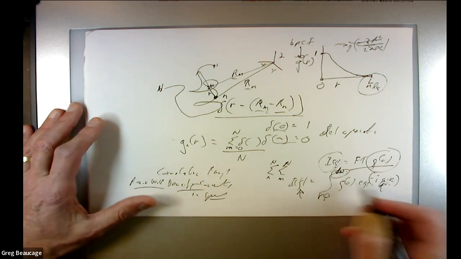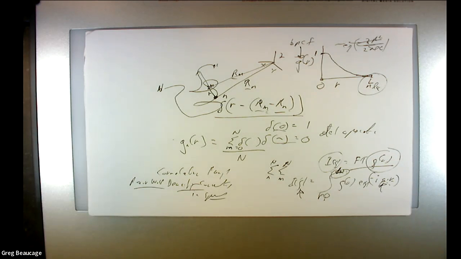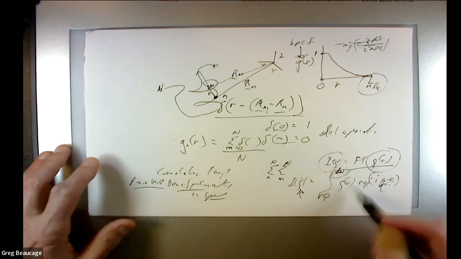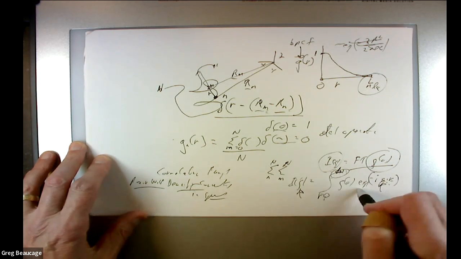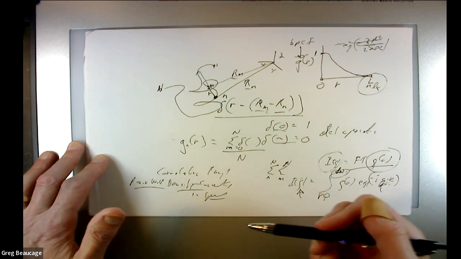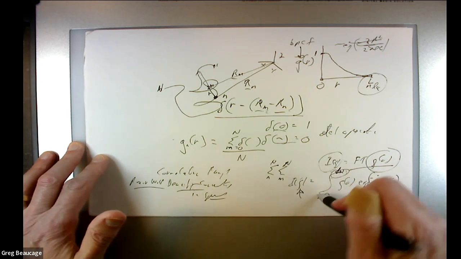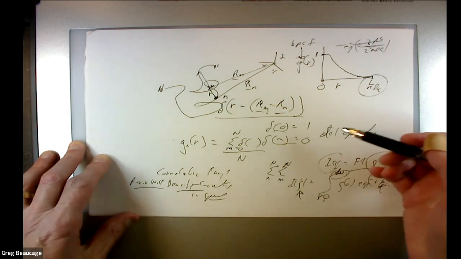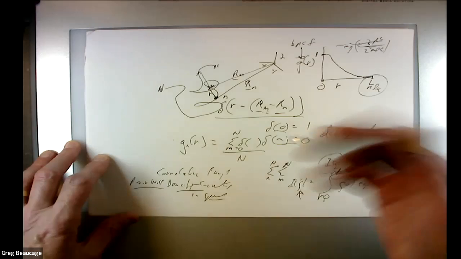Anyway, Debye figured all this out. In fact, this whole scheme, Debye invented. The correlation function is the Debye scattering function. He did all this in his spare time.